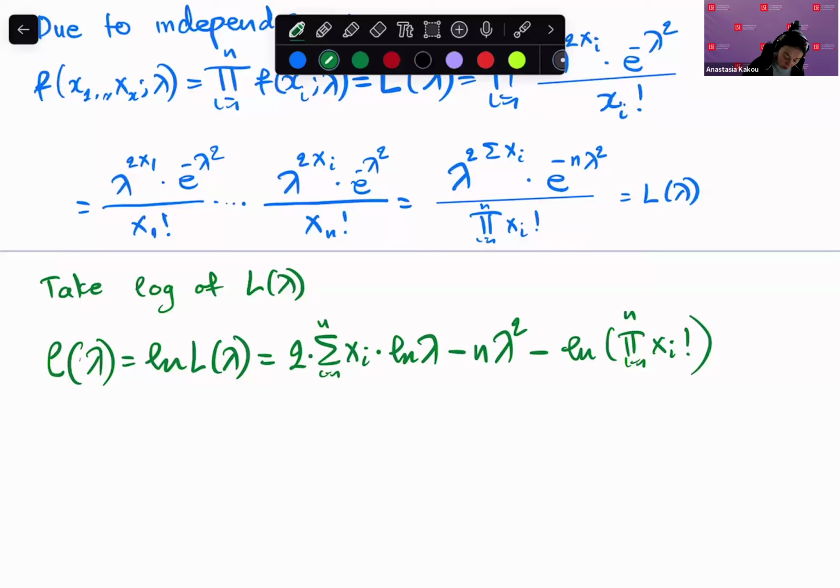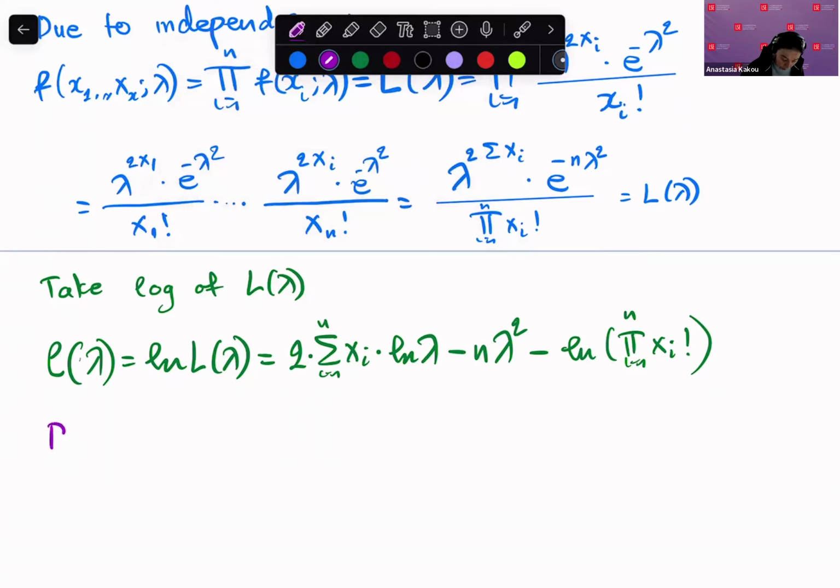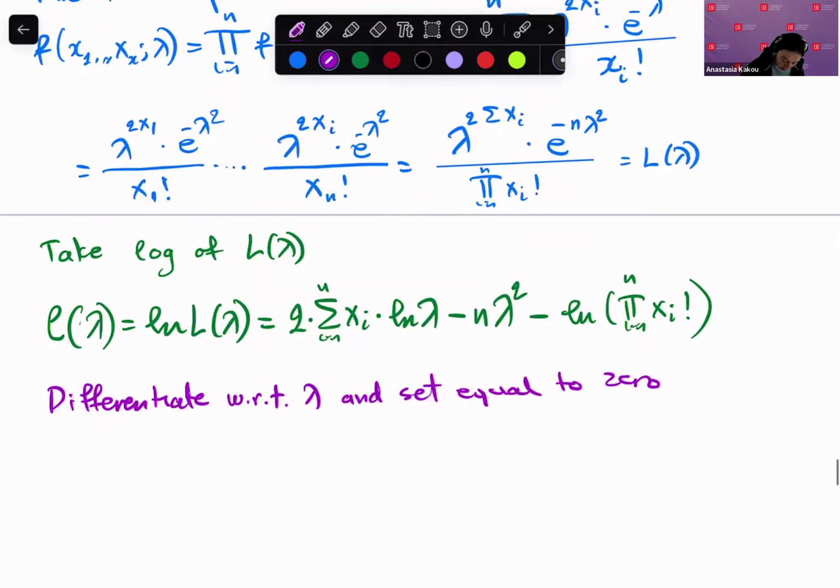Then the next step is to differentiate with respect to lambda and set equal to 0. So you have the derivative of this with respect to lambda equals 0.